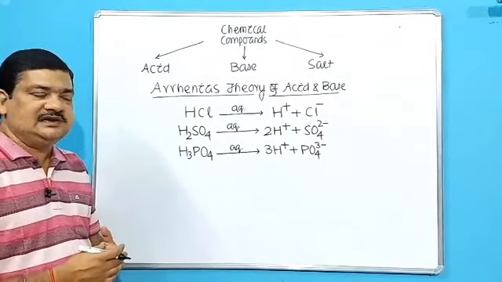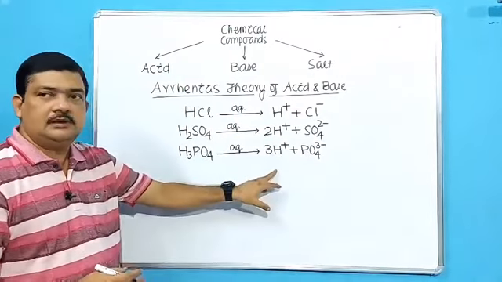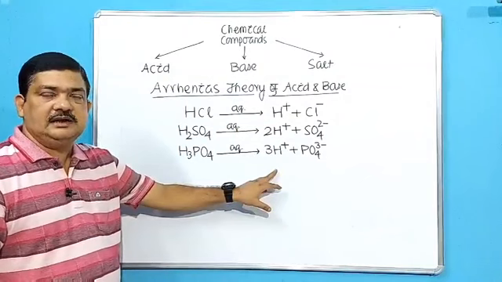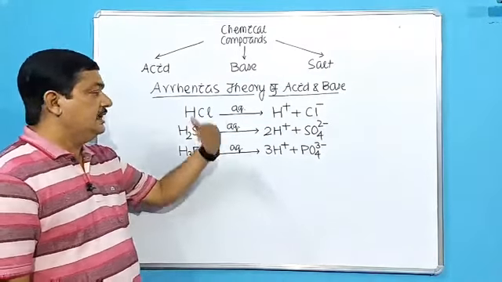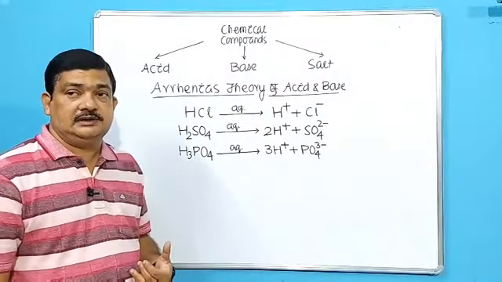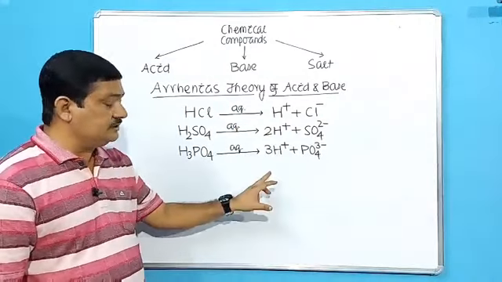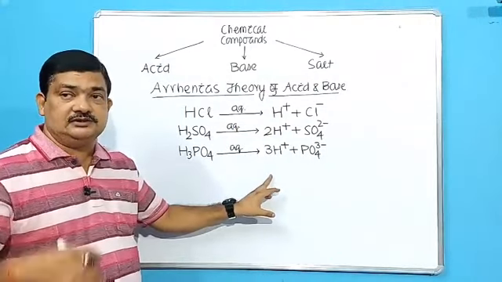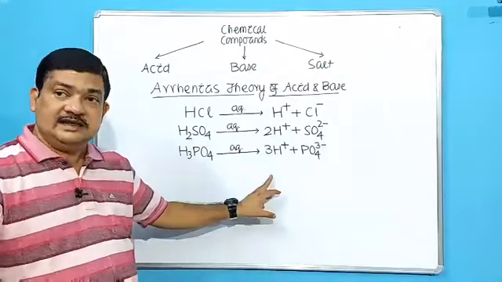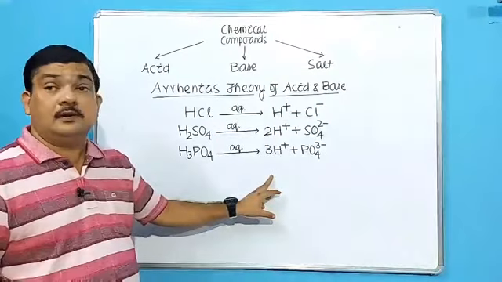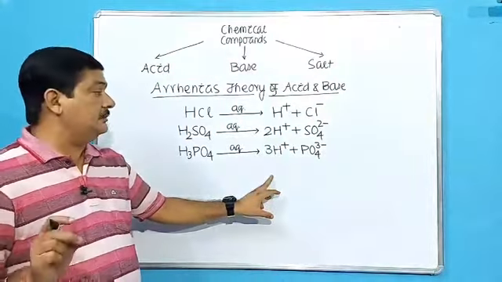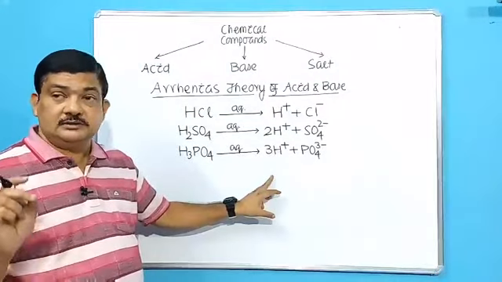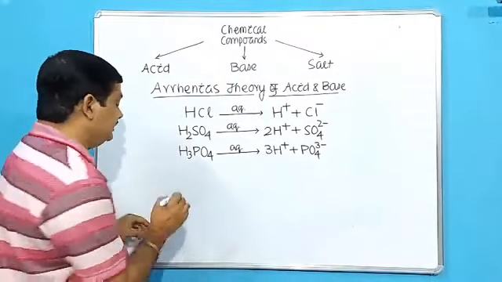What is common in them? All of them furnish or liberate H plus ion in aqueous solution. When they are added to water they ionize, and the common ion they give is H plus. So this is the definition of an acid.